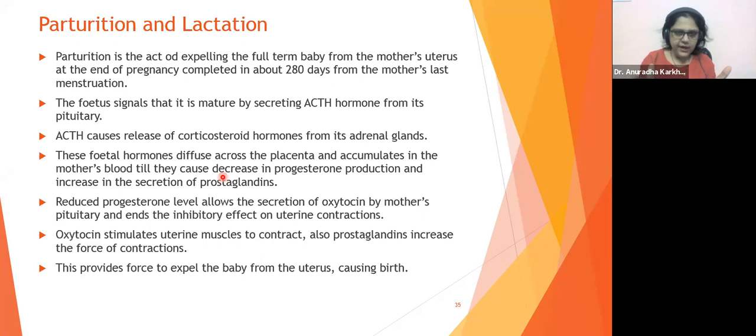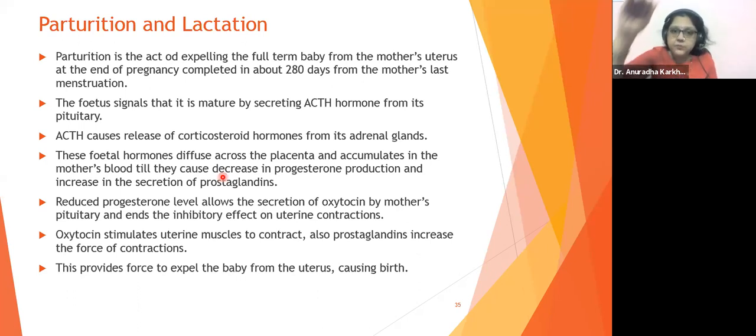Please understand this, okay? See, the fetus, not the mother, signals that it is mature. The fetus itself understands that it has matured. So the fetus signals that it is mature by secreting ACTH hormone from its pituitary gland.